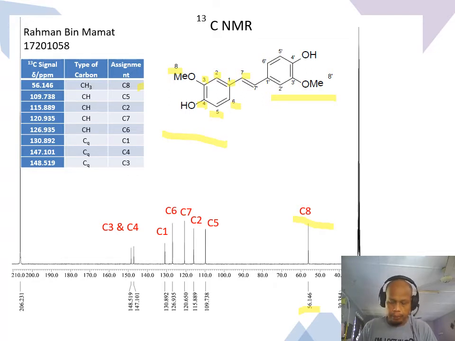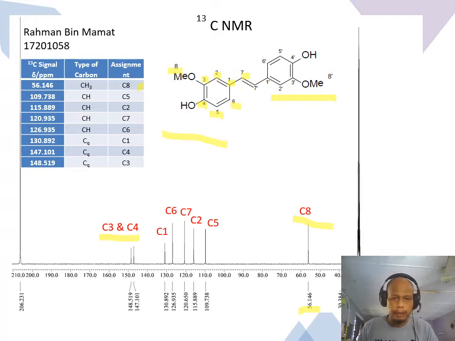Meanwhile, carbon 3 and 4 are detected here. The range for 3 and 4 is 147.101 to 148.519. Okay, this is carbon 8.